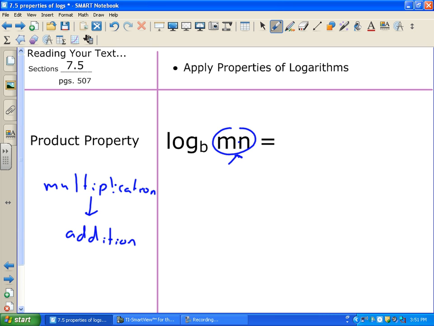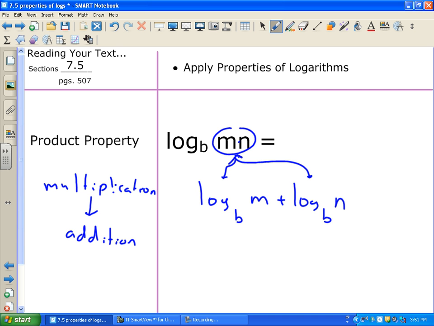Again, this will now say log base b of m plus log base b of n. Multiplication becomes addition.